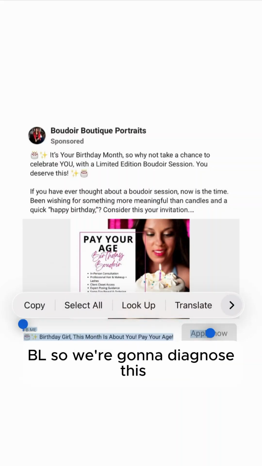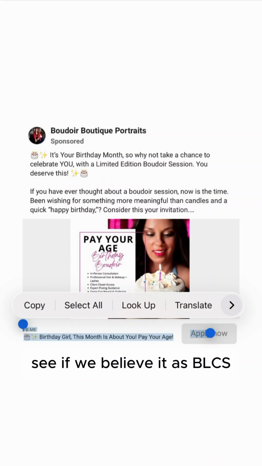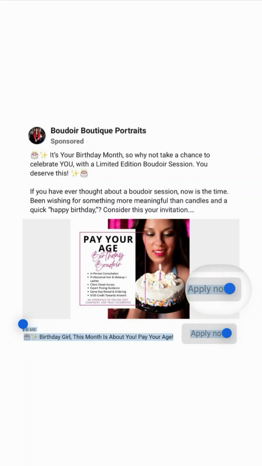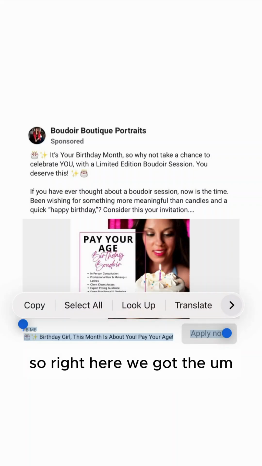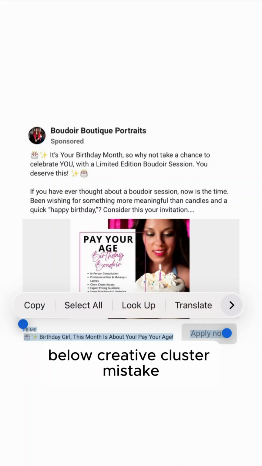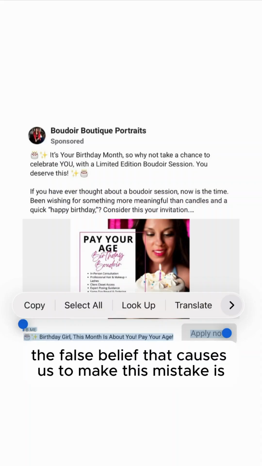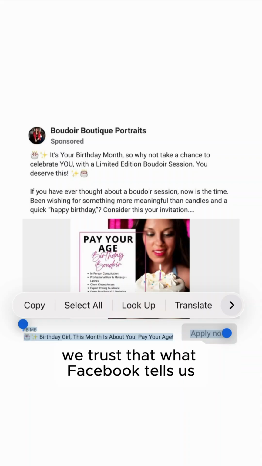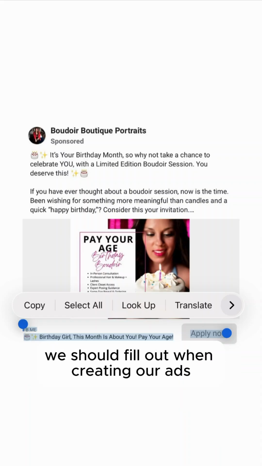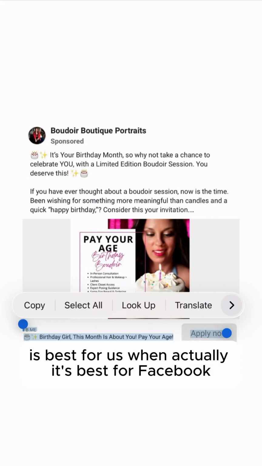So looking at this, we're going to diagnose it and see if we believe it has BLCS, aka Boudoir low click syndrome. Right here we've got the below creative cluster mistake. The false belief that caused us to make this mistake is we trust that what Facebook tells us we should fill out when creating our ads is best for us, when actually it's best for Facebook.